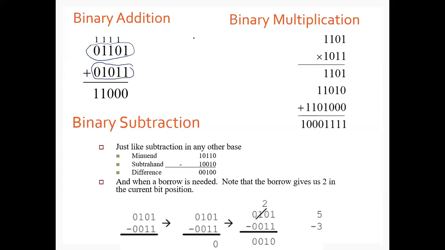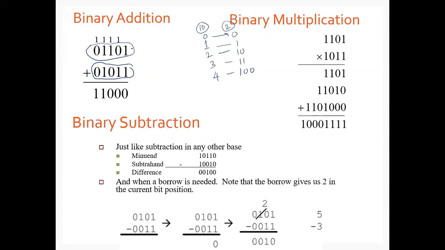what is your binary system? In the binary system, this is your decimal, this is your binary. 0 is 0, 1 is 1, then 2 is 10, 3 is 11, 4 is 100, and so on and so forth, right?